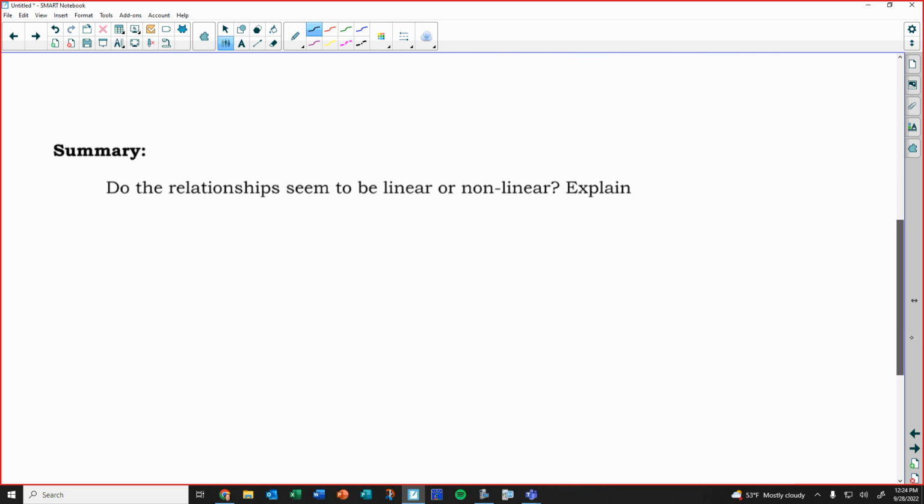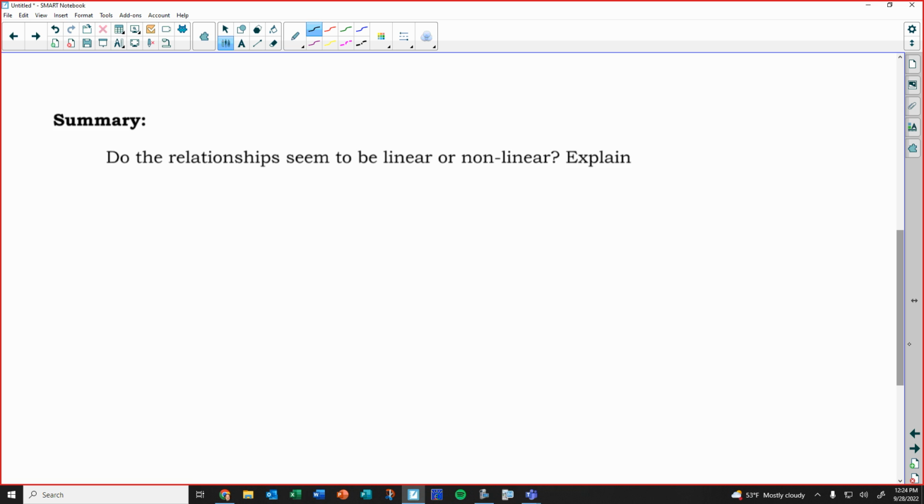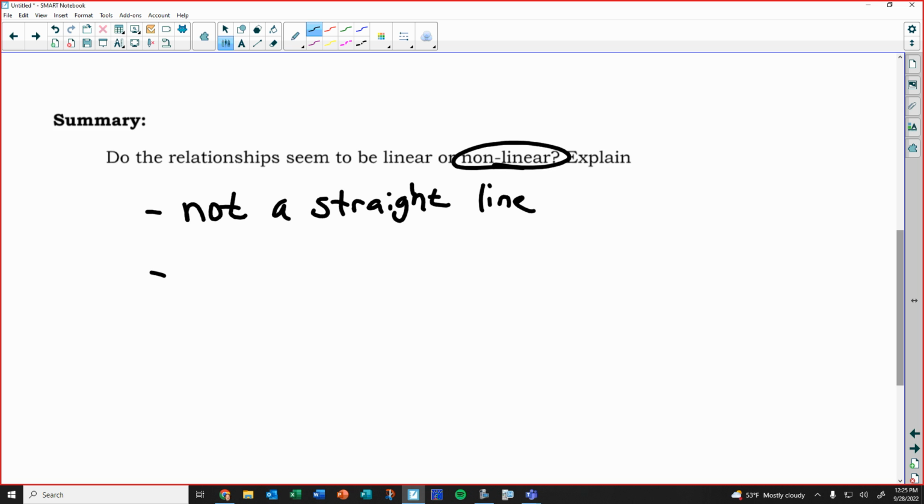So now to summarize. So yesterday, what kind of models did we look at? Linear ones, right? And they were linear because of what? Straight line, constant rate of change, right? Today, these are nonlinear because not a straight line, and this is a non-constant rate of change.